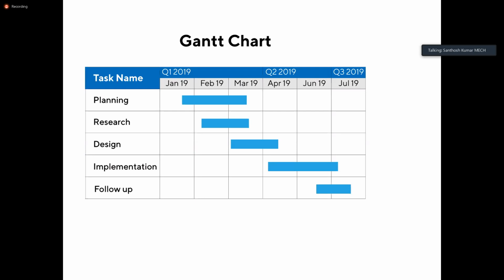If it is a manufacturing industry, beside the planning stage, one more column will be there with names, normally the project, implementation, and follow-up. This is single-project based.